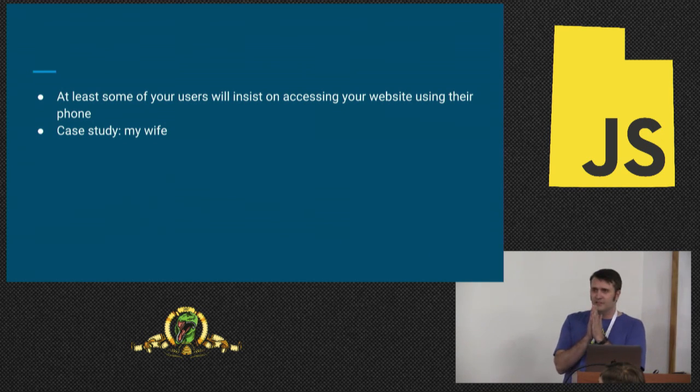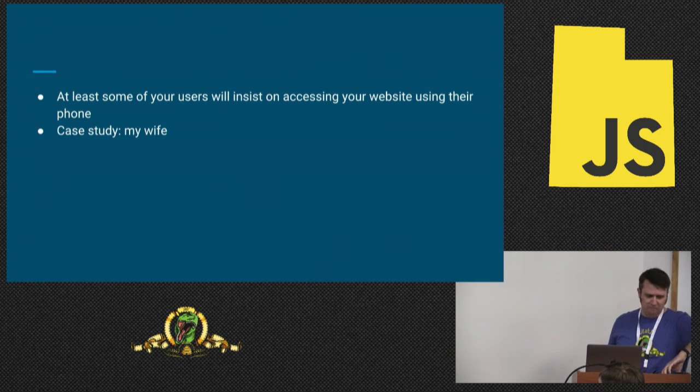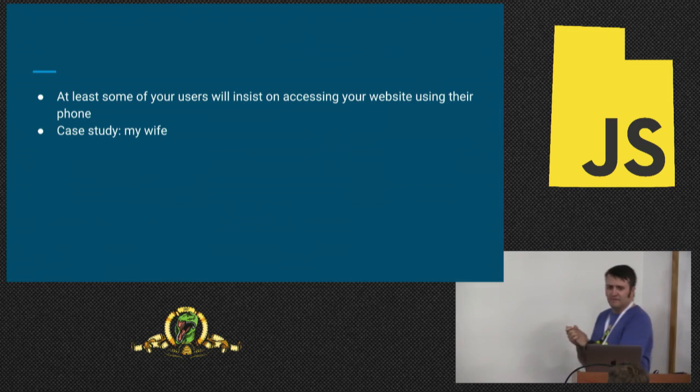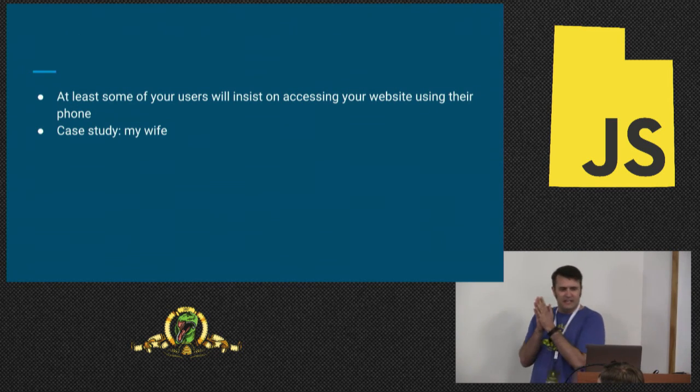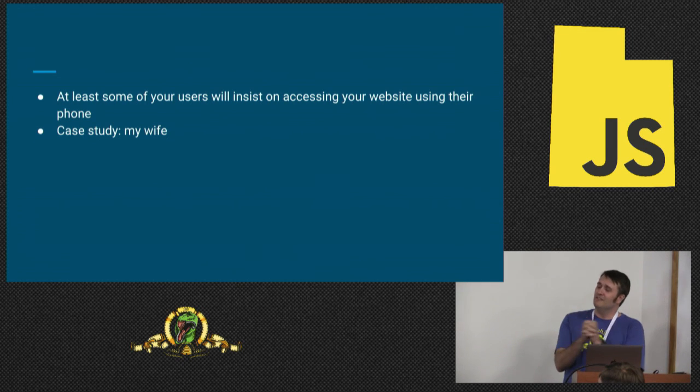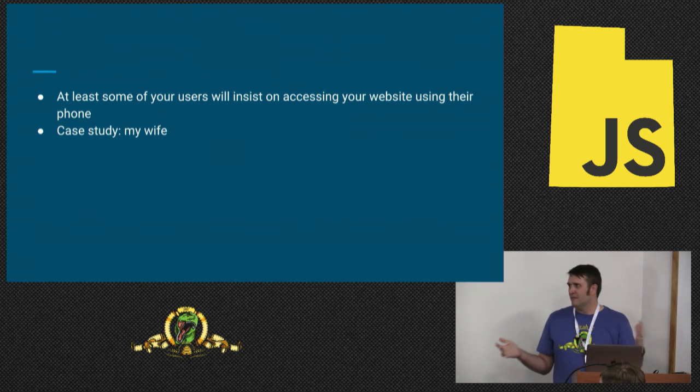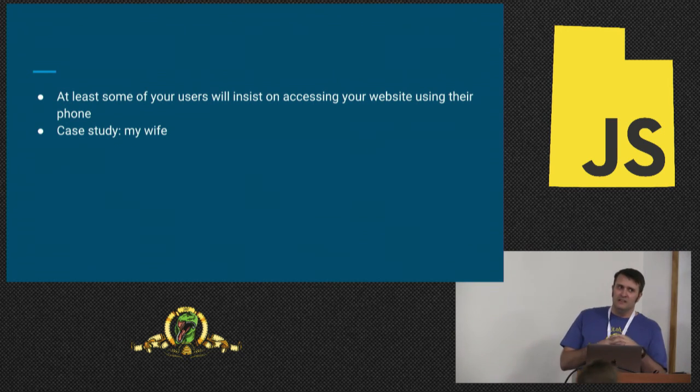First of all, at least some of your users will insist on accessing your website using their phone. One example that is near and dear to my heart is my wife. She is a very tech-savvy individual. She knows how to find the right tool for the job. She can always figure out how to do anything she wants to do.